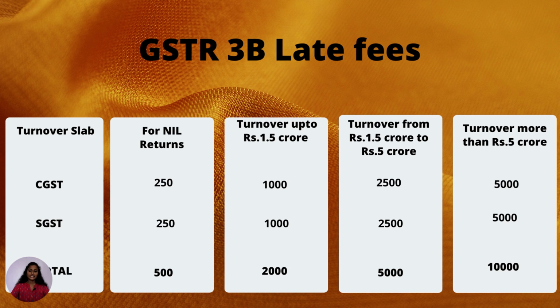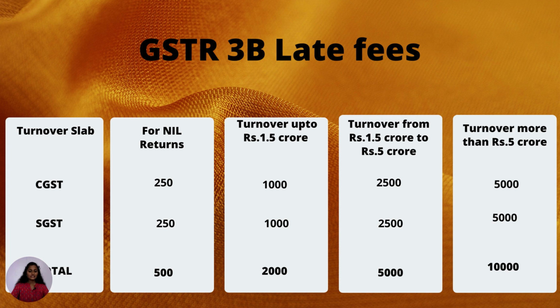GSTR-3B late fees depend on the annual turnover in the previous financial year. For nil returns, the late fee has to be paid. The maximum late fee is rupees 500, that is CGST 250 and SGST 250. And if the annual turnover of the previous financial year exceeds rupees 1.5 crore, the maximum late fee is 2000, that is CGST 1000 and SGST 1000, total 2000.